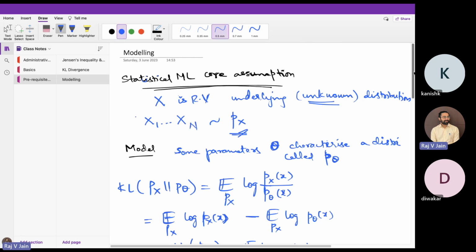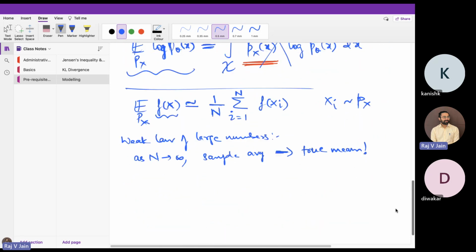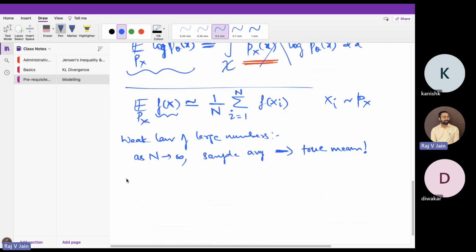So what I can do is calculate this quantity now, the sum for i equal to 1 to n of log p theta of xi. For all these i's which already have samples, I calculate this.